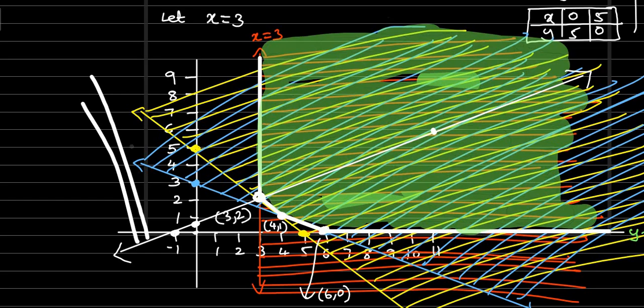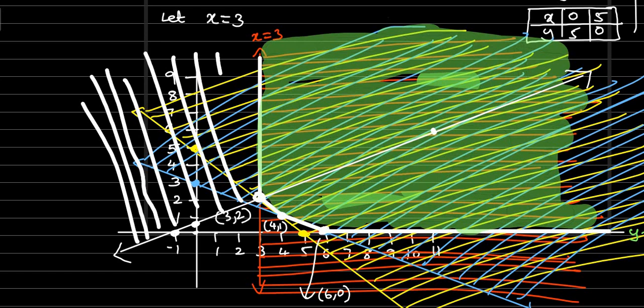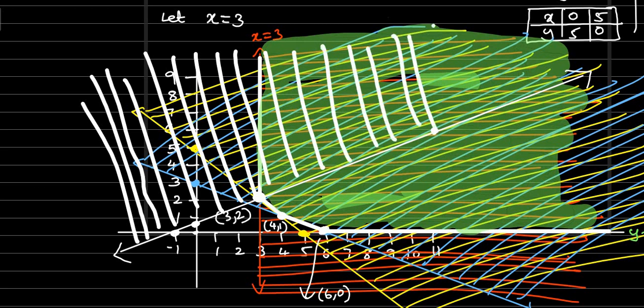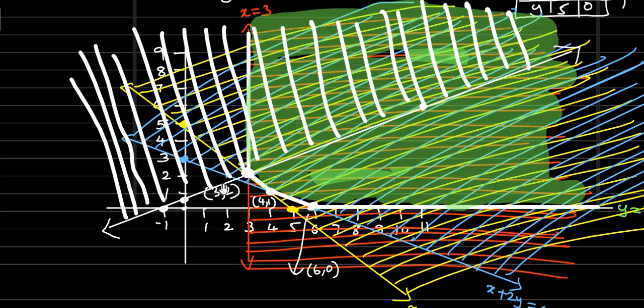For the new inequality, we have a solution on this side. Now you tell me, for the feasible region and for the new inequality which we framed, is there any common point? Yes, we can see a common solution space.